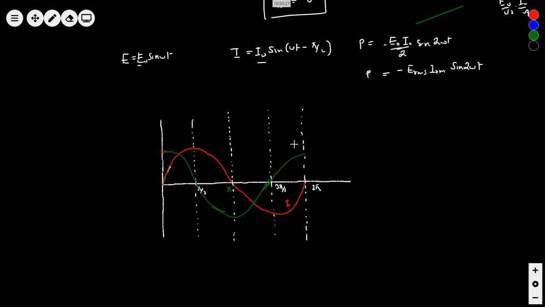So this is the voltage E, right? This one is I.